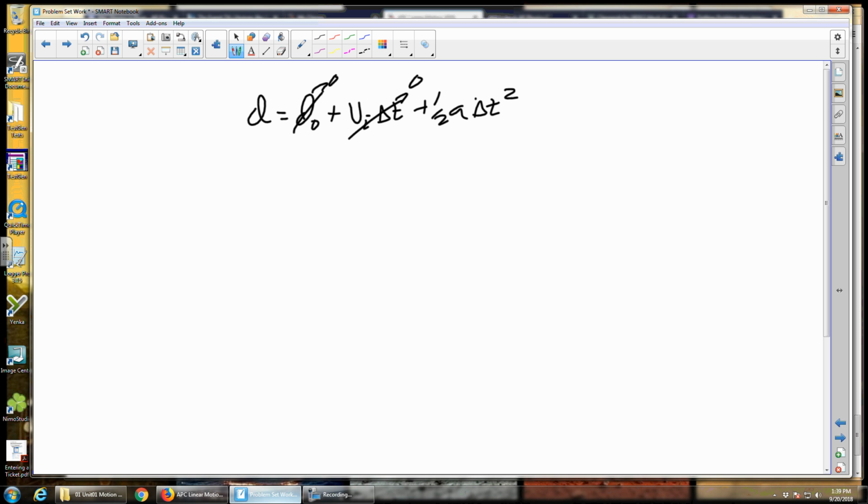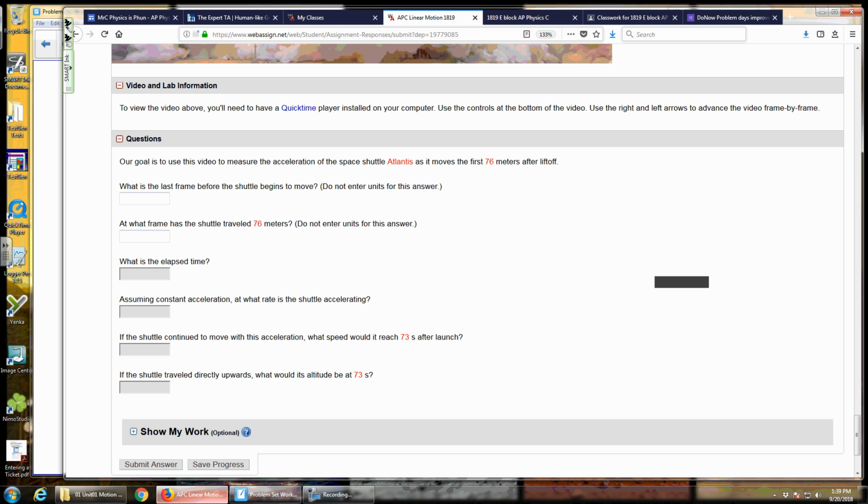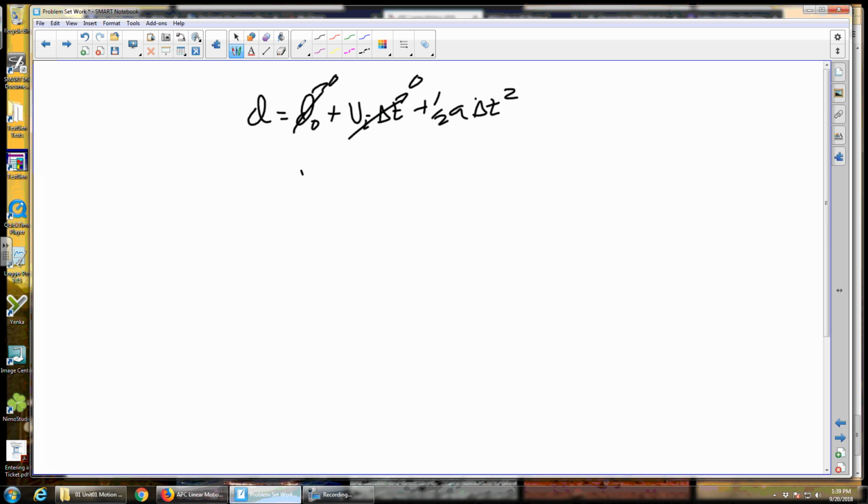And then that's the fourth one, and I could do that because it says constant acceleration, so I know it's the algebraic relationship. Move with this acceleration, what speed will it reach after 7 seconds? So then saying, hey, remember that v final equals v initial plus a delta t, and v initial is 0.